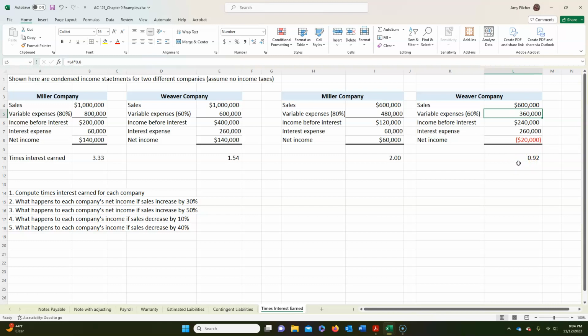They would be considered not a good company to loan money to with that formula in case that happened. So that's just a good idea, to see some adjustments of what happens at different sales levels. And that's the end of chapter 9 examples.